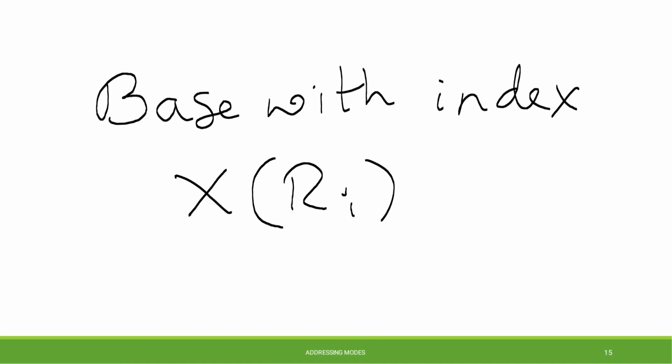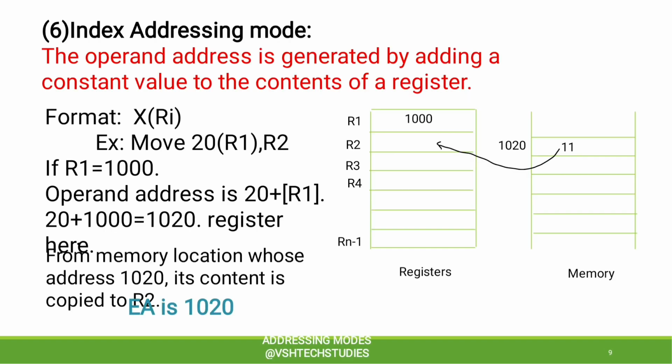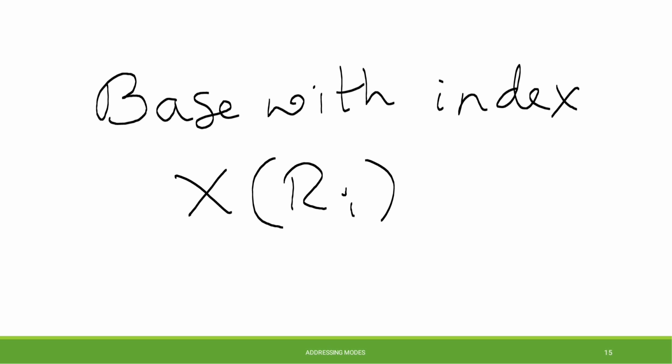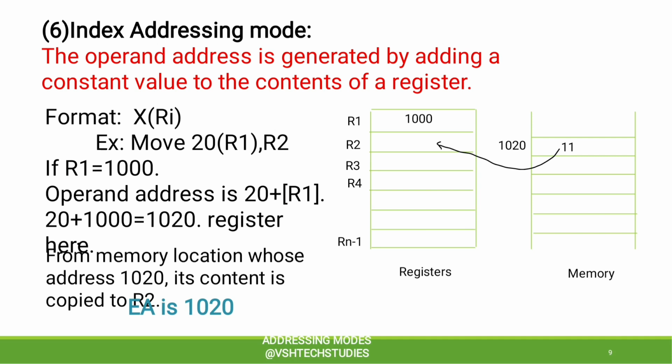Next comes index addressing mode, X(Ri). The operand address is generated by adding a constant value to the contents of a register. Here X is the offset, Ri is the index. So for example 20(R1).